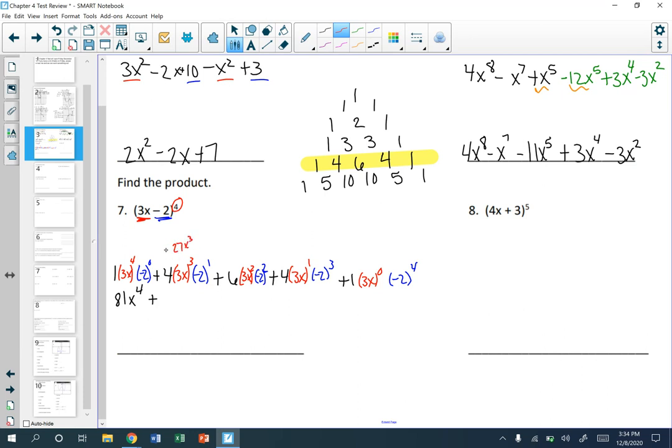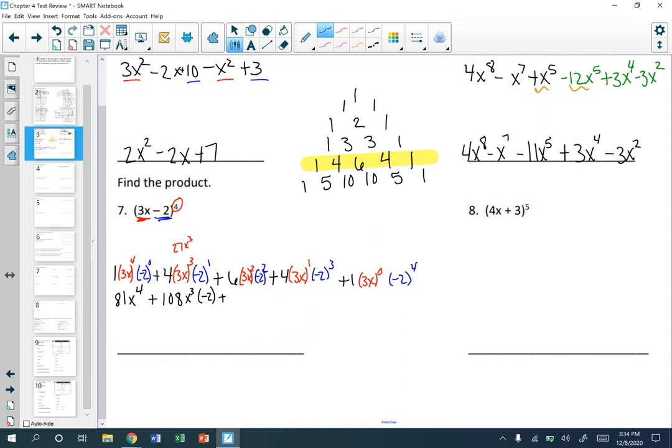and then I need to multiply by 4. So I take 27 times 4 to get 108. And then 108x cubed times negative 2 to the first.